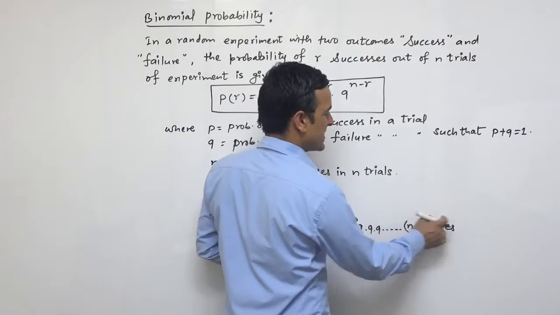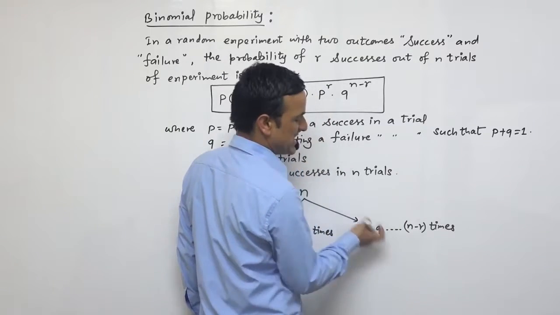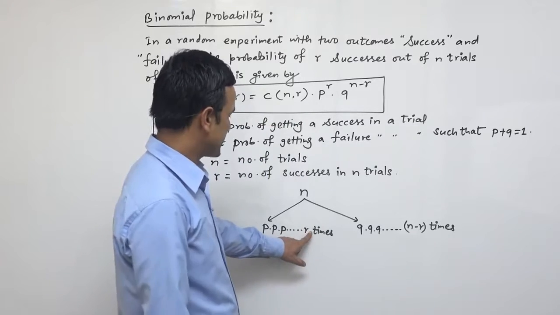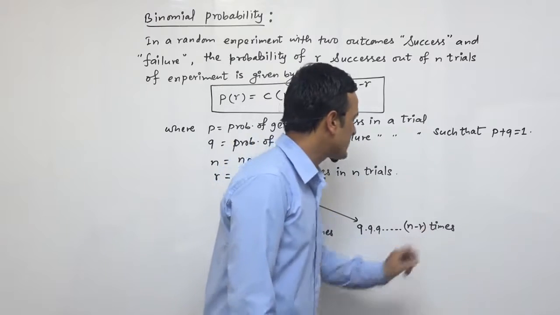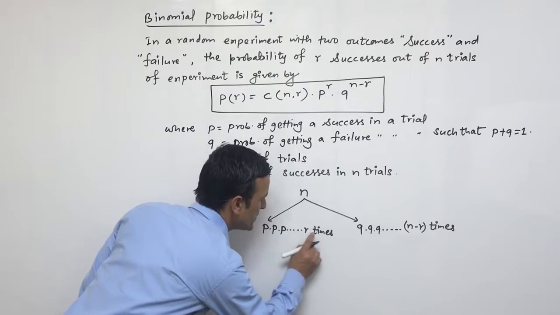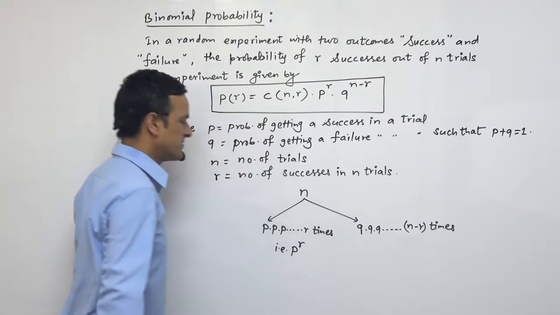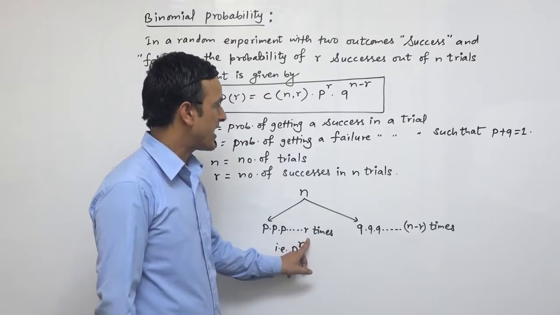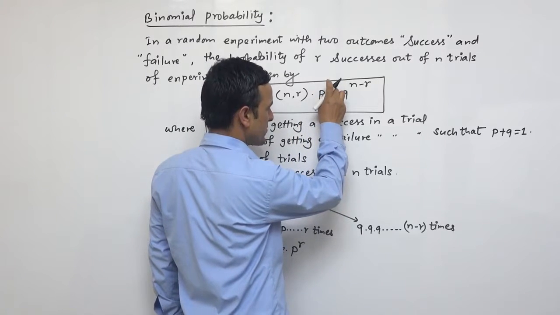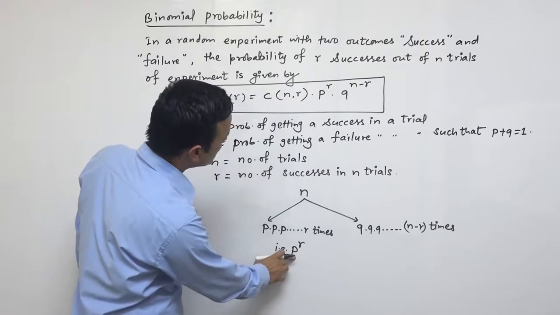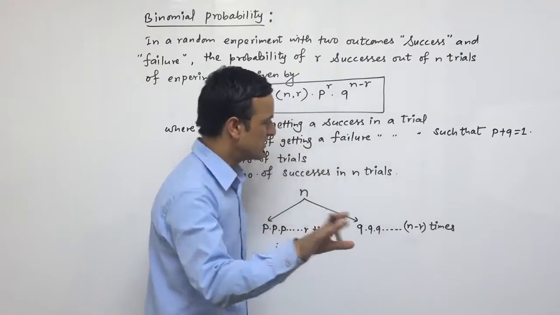So we can write n minus r. So this is success and its opposite failure is failure. So if we take r times out of n then the remaining number is n minus r times. So p into p r times means in shortcut we can write p power r. So I have written p power r, so this value is obtained from this one. यहाँबाट हामीले यो भ्यालु लेखेको हो.